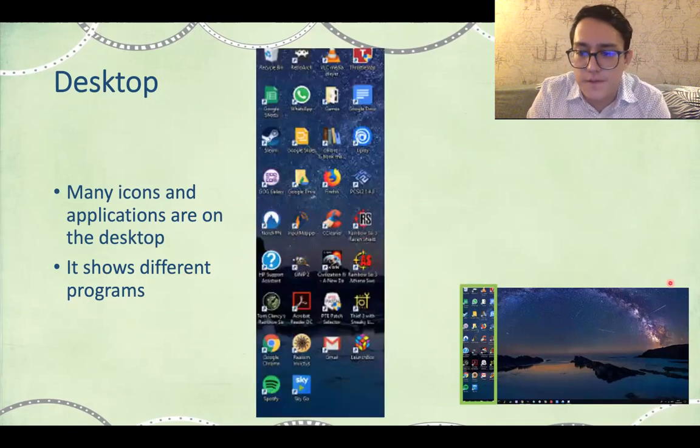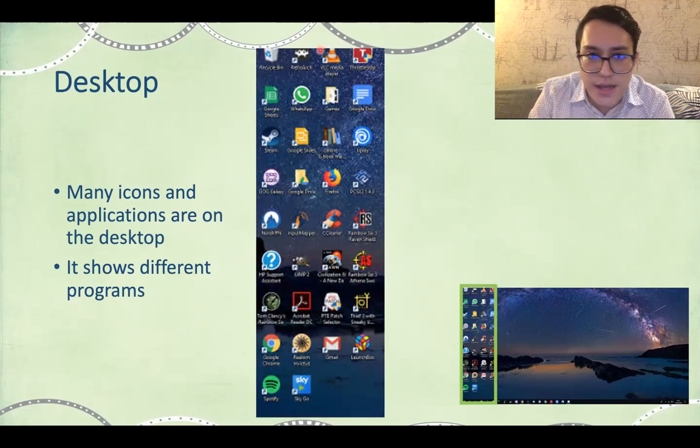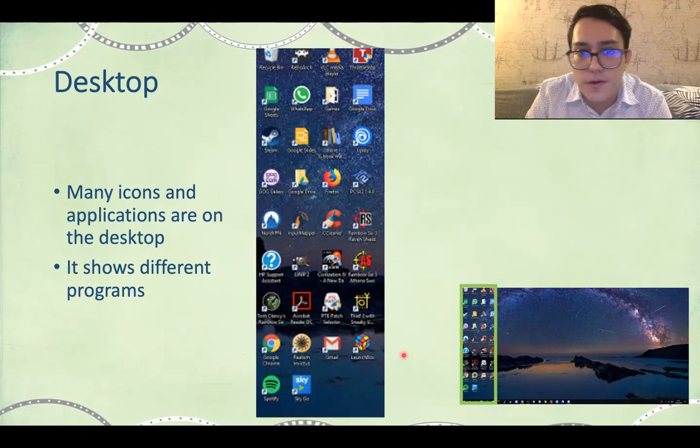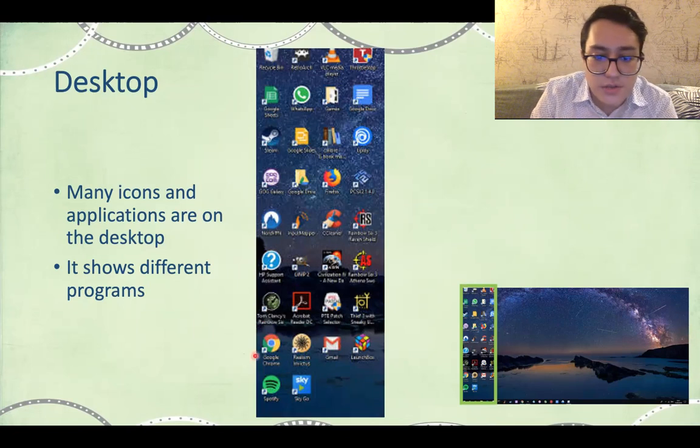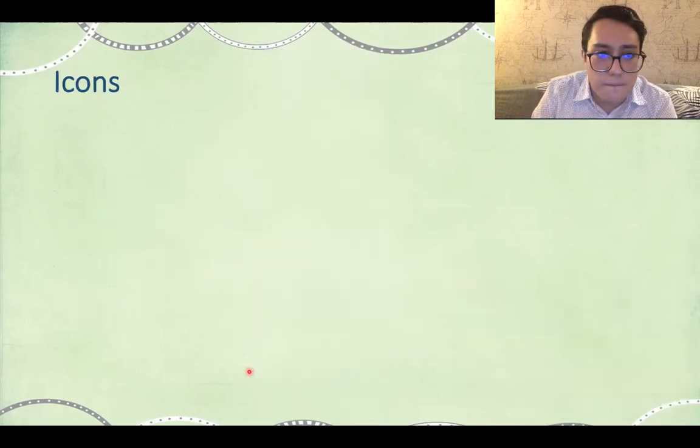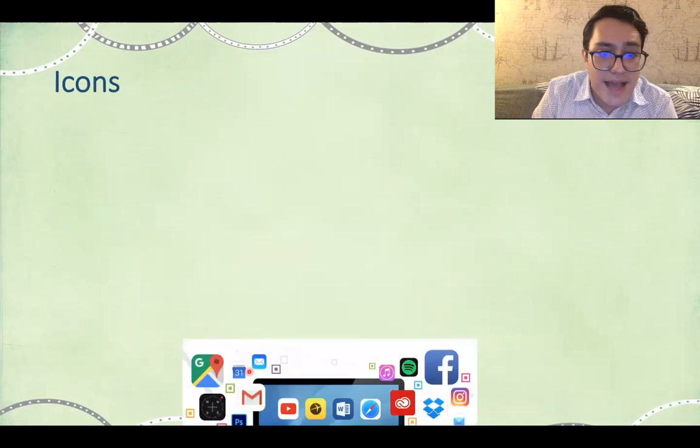So let's take a look. As I told you already, this is your desktop. Let's zoom in and you'll see there are so many programs here. There are games, there are programs, there are browsers to search. So there are many programs, many icons.